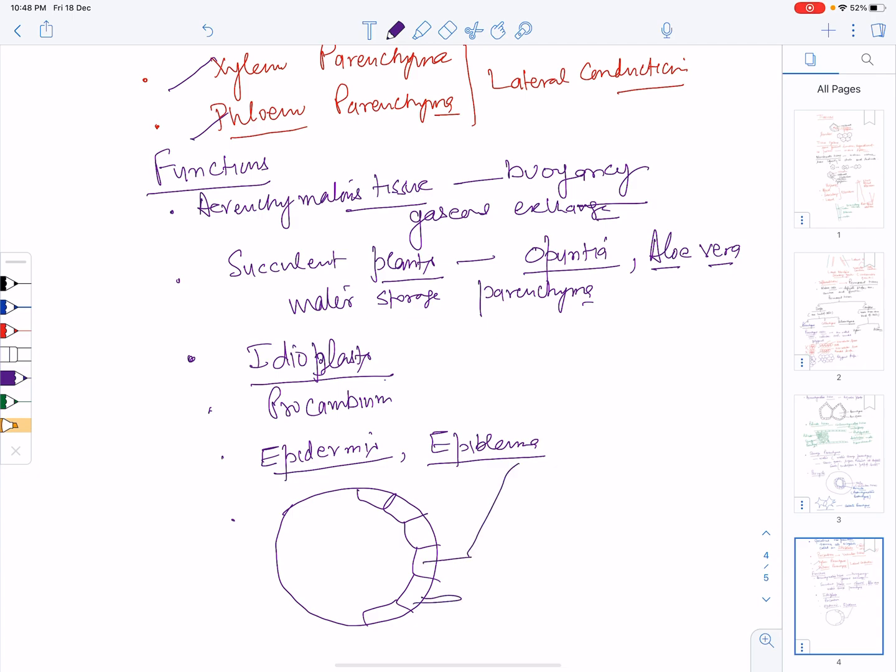This may be having root hairs. So when epiblema is having root hairs, this will help in absorption of water. Function of epiblema and epidermis is also protection of internal tissue.